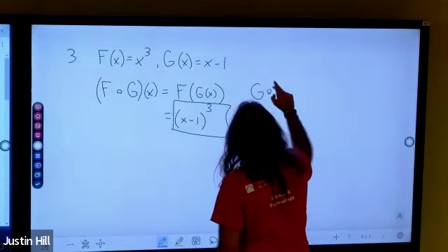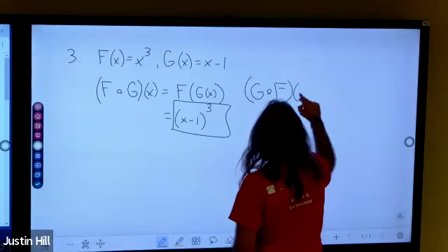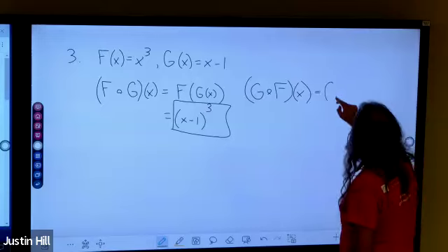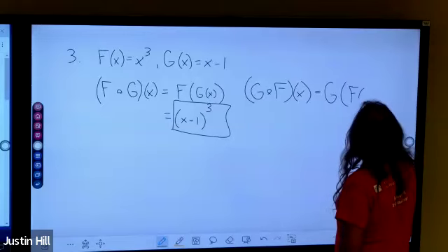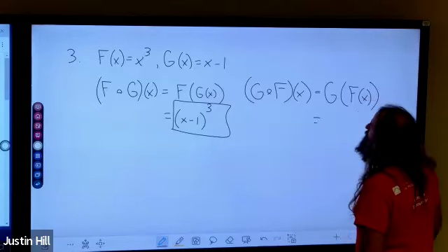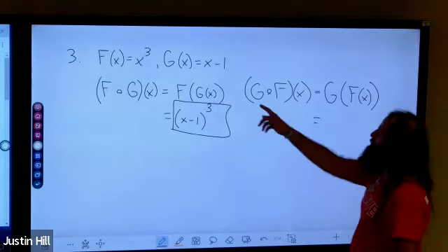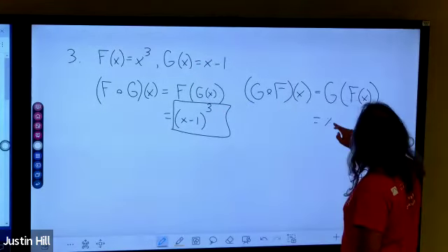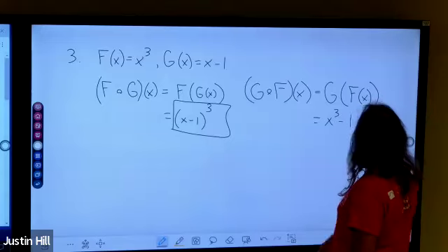G compose f then is going to be plugging f into g, g of f of x. So in g, where I see x, I'm going to plug in f, which is x cubed. So this is going to be x cubed minus 1.